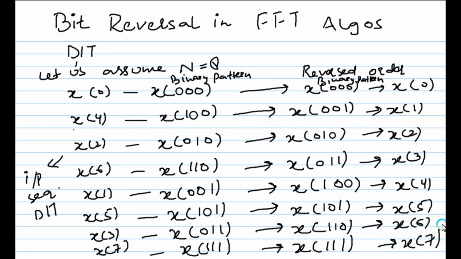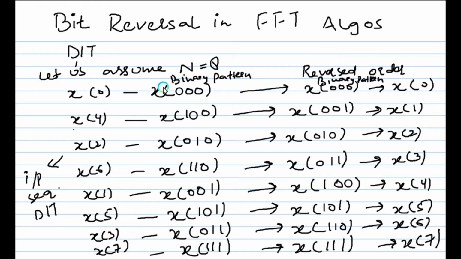Now if you remember, in the case of the decimation in time algorithm, the input sequence was in this order: x of 0, x of 4, x of 2, x of 6, x of 1, x of 5, x of 3, and x of 7, and the output sequence was in the order of capital X of 0, X of 1, X of 2, X of 3, 4, 5, 6, 7.